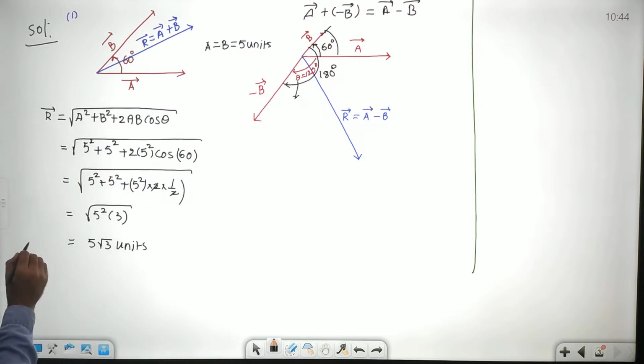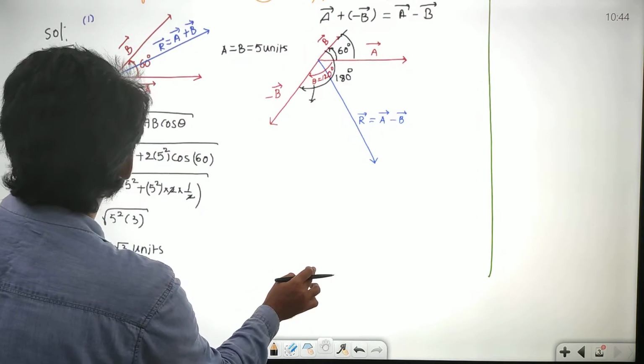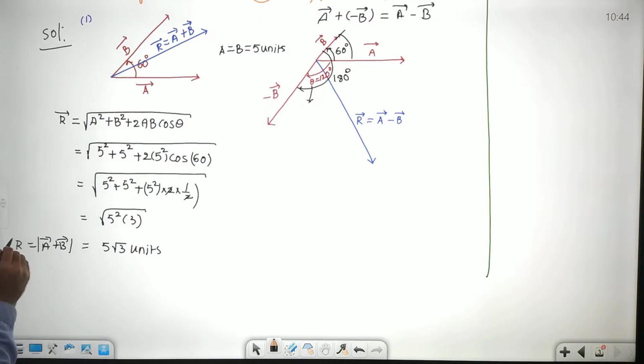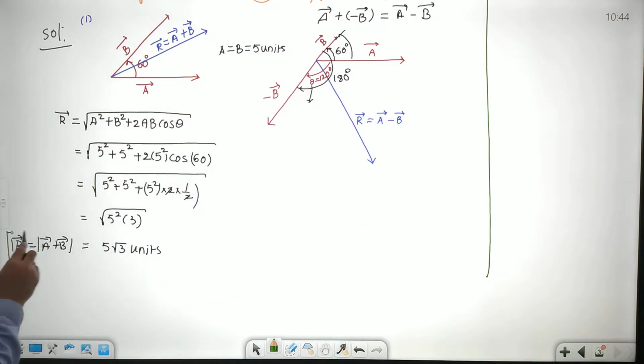The resultant of the sum of A vector and B vector, that is nothing but R. Okay? So this is the required answer.